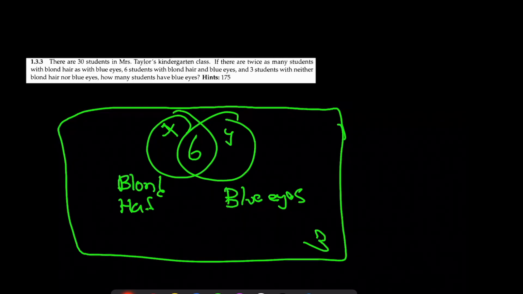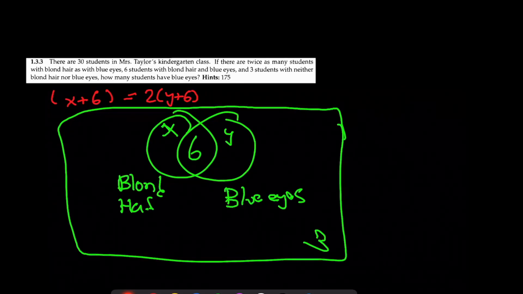So now we can create equations. We got, there are twice as many students with blonde hair as with blue eyes, or x plus 6 is equal to 2 times y plus 6. Okay?